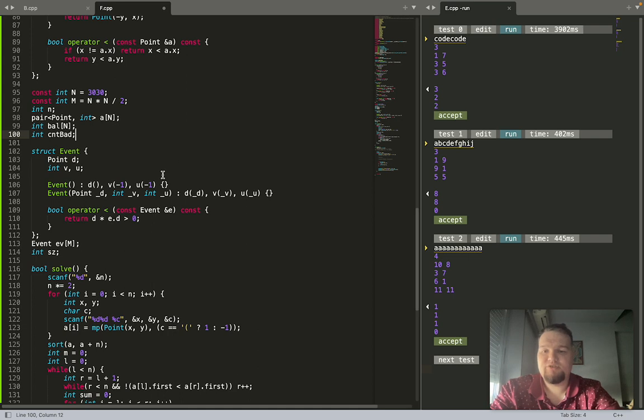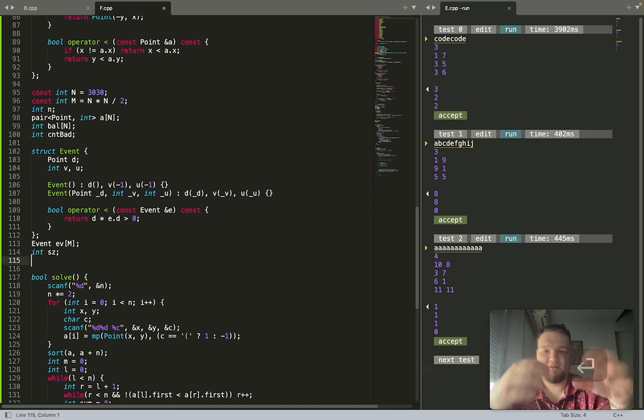I will also need, during the process, when I'm rotating the direction, I will maintain the order of those points and the current balances and everything.